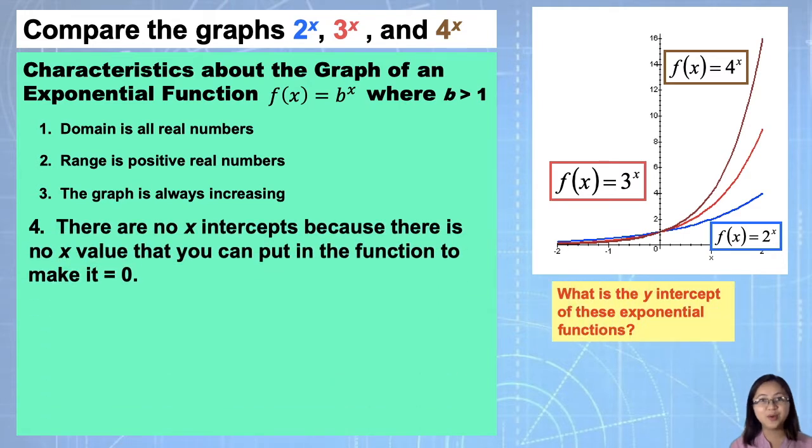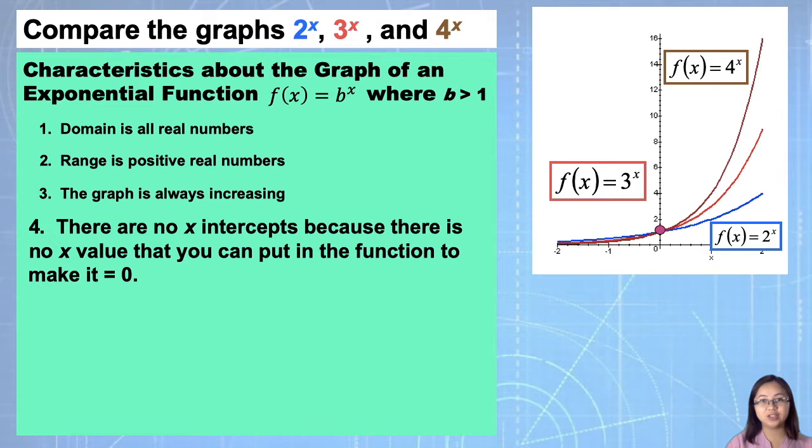There is no x-intercept because there is no x value that could make the function 0. Same thing with the range, if you could remember. The range is always a positive number, so it will never be 0. So there is no x-intercept.